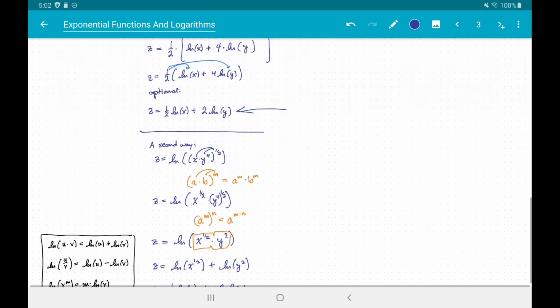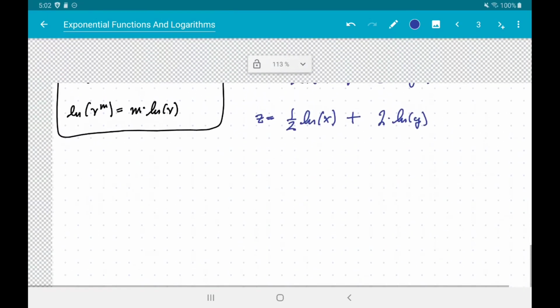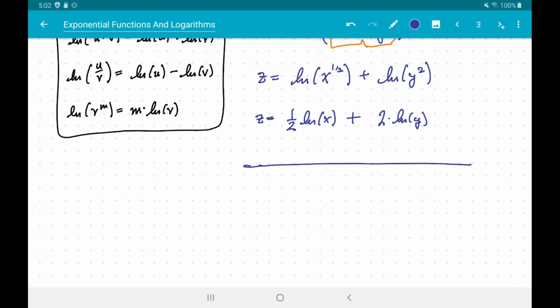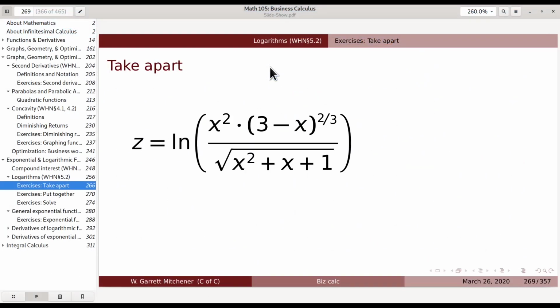So there you go, two different ways to do that problem. Let's do one more. I encourage you to pause the video and give that one a try, and then start the video again and see how I solved it.